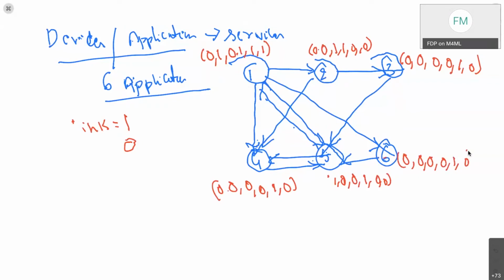Now we represent these as a link matrix, where the rows and the columns represent the values 0, 1, 0.